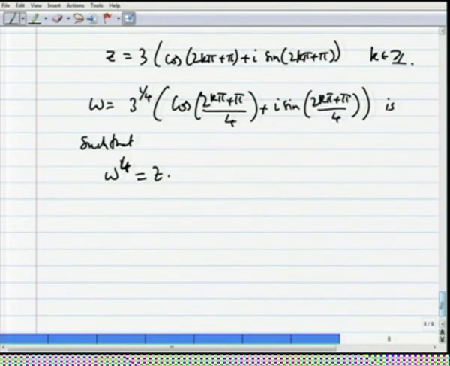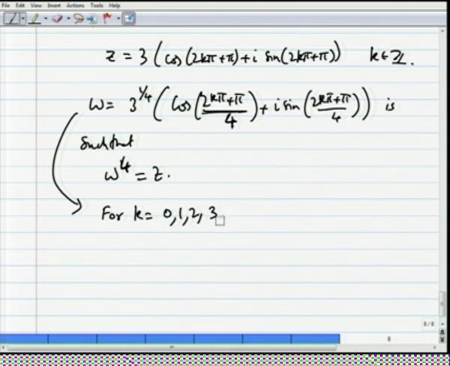And so, now the question is how many different values does w give? Notice that now this 2k pi has been divided by 4. So, you get for example, when k is 1, you get 2 pi by 4, pi by 2 plus pi by 4. For k equals 0, 1, 2 and 3, we notice that we get different values of w.